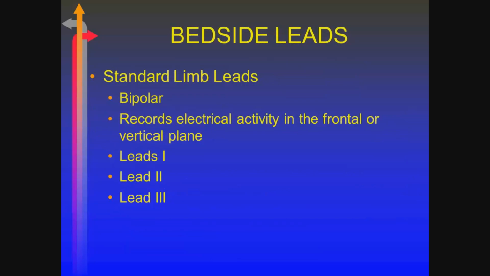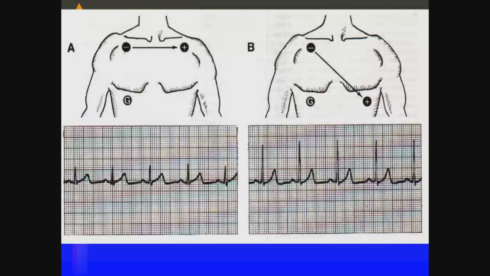We know that there are what are called standard limb leads. And these are looking at the frontal or vertical plane. Lead 1, lead 2, lead 3. Lead 1 is right shoulder negative, left shoulder positive. Lead 2 is right shoulder negative, left foot, if you will, positive.